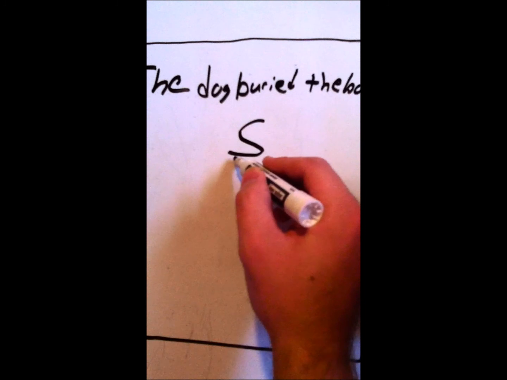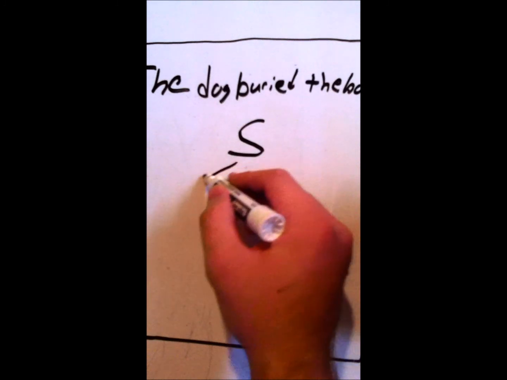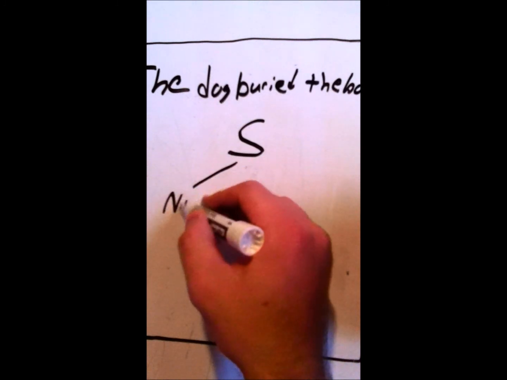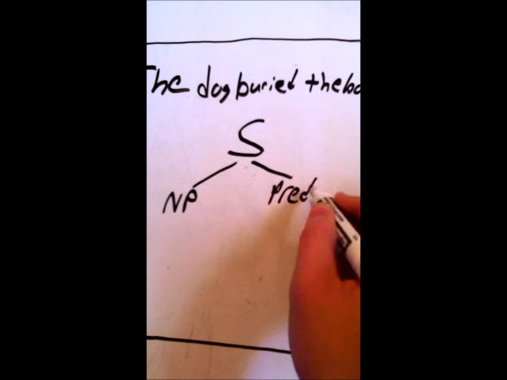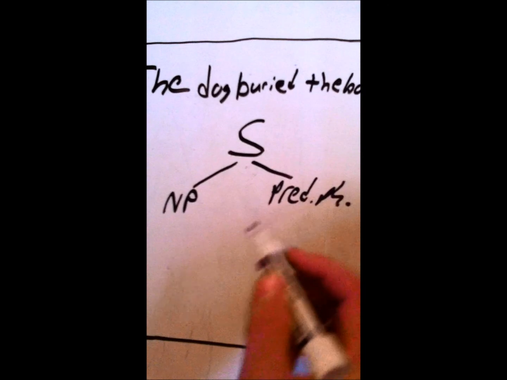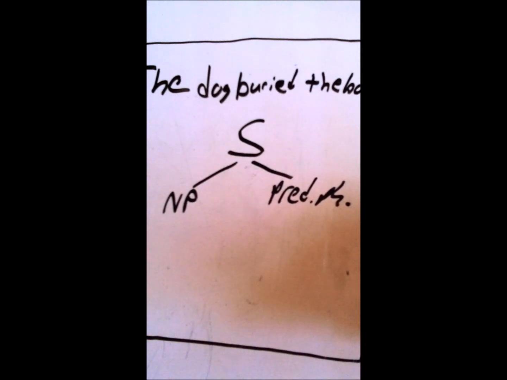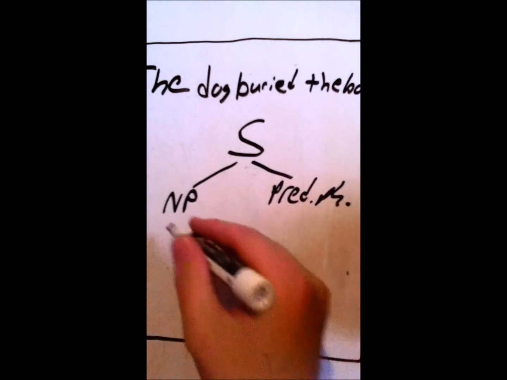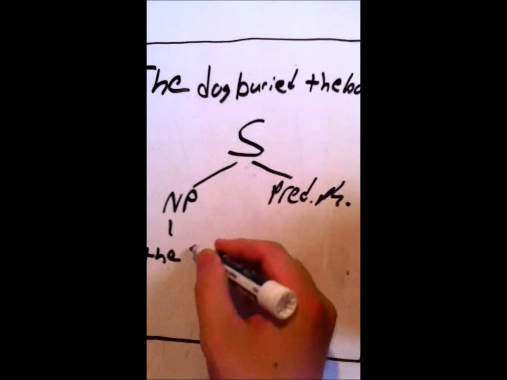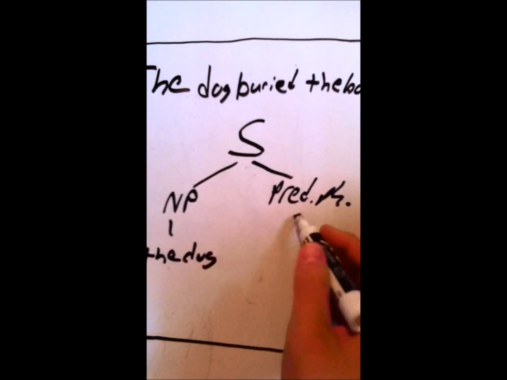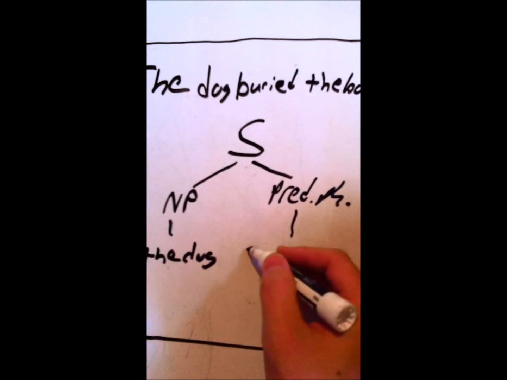Now to break it down further, coming off of the sentence, we have a noun phrase and a predicate phrase. The noun phrase being the dog, and the predicate phrase being buried the bone.